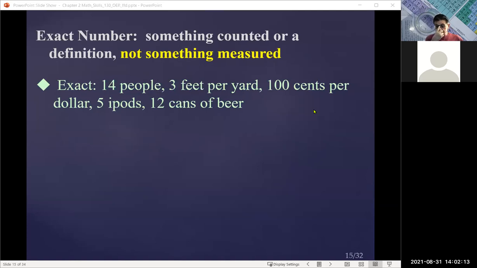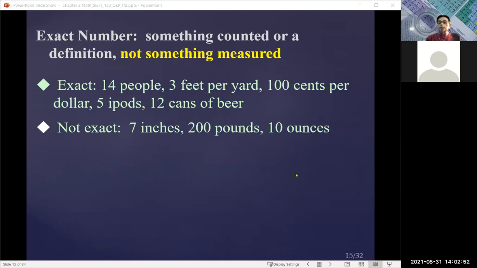It's exact. 3 feet in a yard, 100 cents in a dollar, 5 iPods or whatever you want to count, or a 12 pack. All those are examples of exact numbers and therefore would not be a factor in determining the number of significant figures at the end of your calculation. So exact numbers are not involved in determining significant figures.